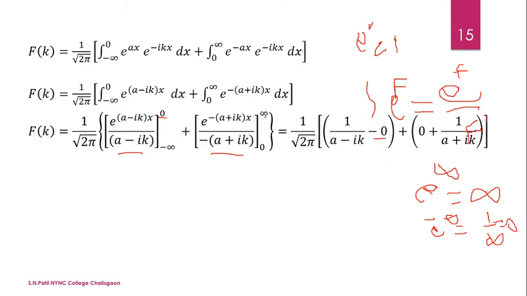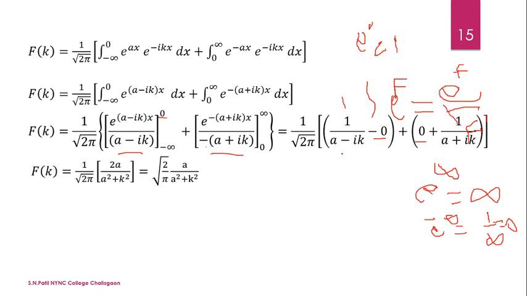Now in the second term, when we put infinity, that is e raised to minus infinity, which is 0, and put the lower limit, e raised to 0 is 1, minus the lower limit, and this minus sign with the other minus gives plus, so we get these two terms, the first term and the second term.